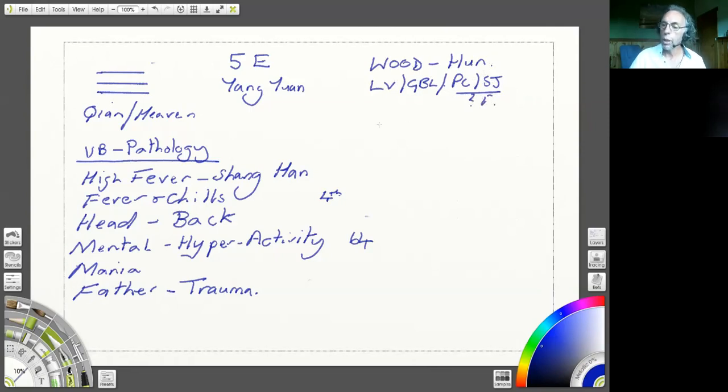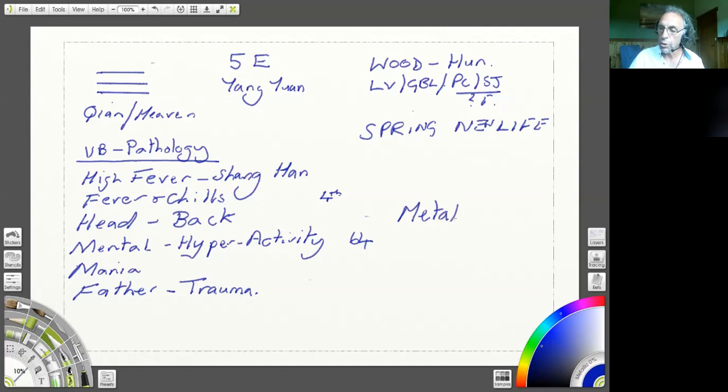But we have the wood component, and what wood is related to is spring and new life. So when we're placing a wood trigram over a metal one, we're asking that the metal element be given some new life.